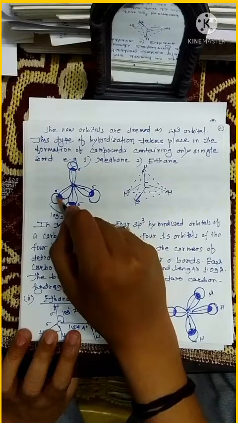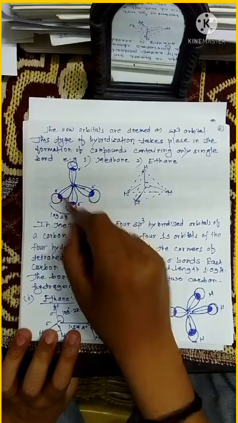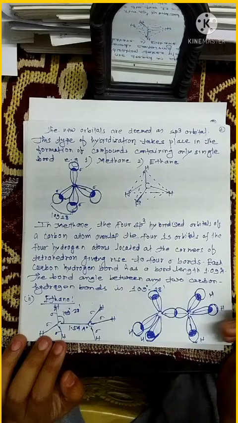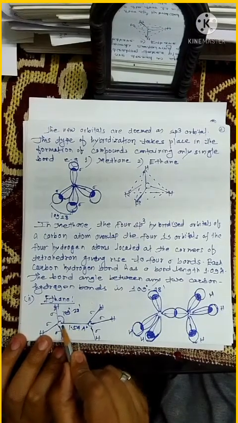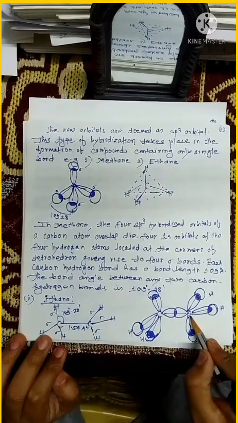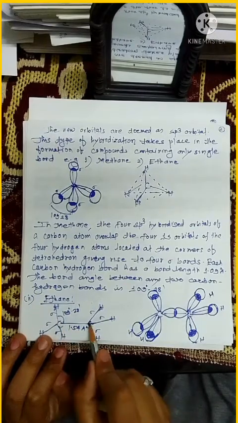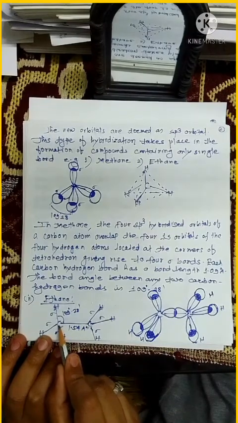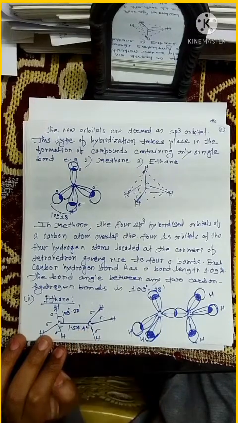So there are 4 hydrogen atoms, so we get 4 sigma bonds. In ethane, just see, this carbon which is here and this carbon which is shown here, these 2 carbons basically undergo sp3 hybridization. The bond length of this carbon to this carbon is 1.54 angstrom.